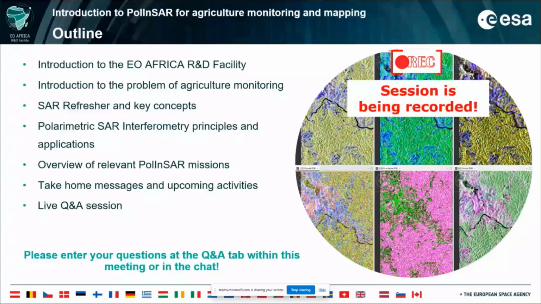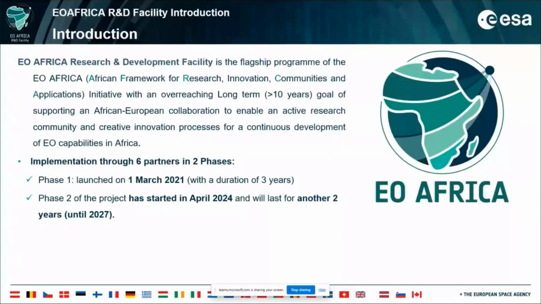To provide you a bit of context, I would like to mention what EU Africa is. EU Africa stands for African Framework for Research, Innovation, Communities and Applications. It is an activity developed by ESA, which aims at fostering an African-European R&D partnership. The EU Africa R&D facility is a flagship program of the EU Africa initiative, with an overarching long-term goal of supporting an African-European collaboration.